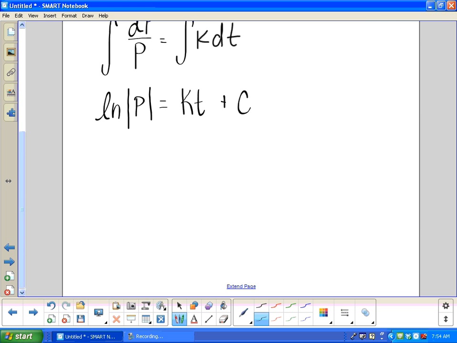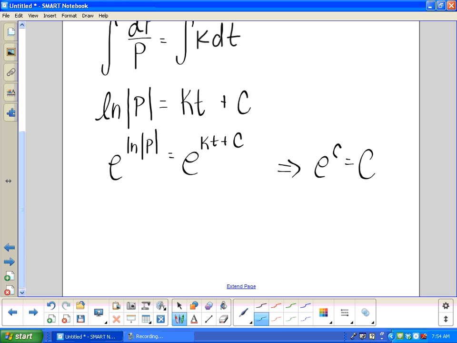Now, I have to get rid of the natural log, so I have to do my trick with the e. So I have e to the ln of the absolute value of P is equal to e to the kt plus c. Once again, e to the c, we're just going to write as c. So c will end up being a constant out front. Those cancel.